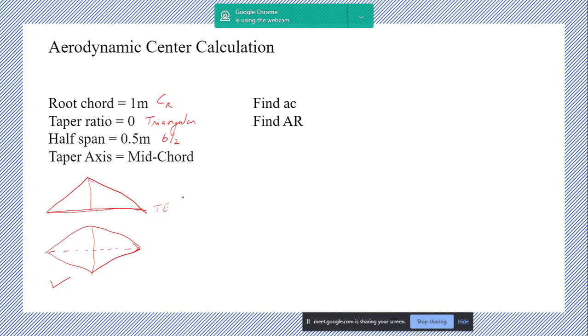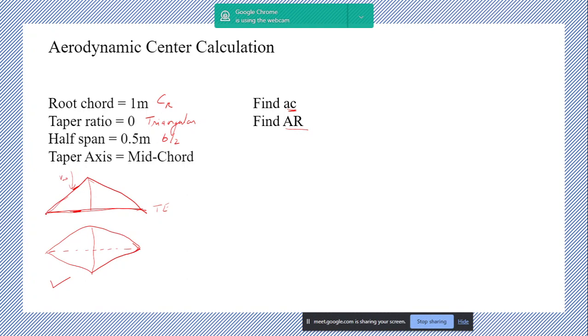Okay. So now they've asked you to find the AC, that is the aerodynamic center. Since taper means reduction, it's tapering to the trailing edge. This is the oncoming velocity v infinity. So this is the leading edge, and this is the trailing edge.